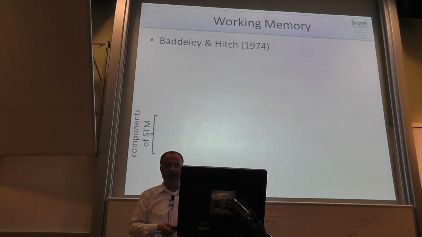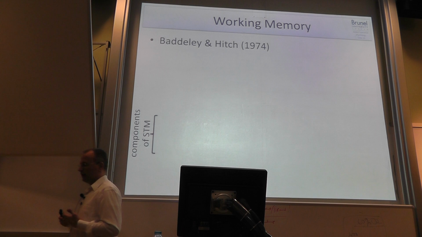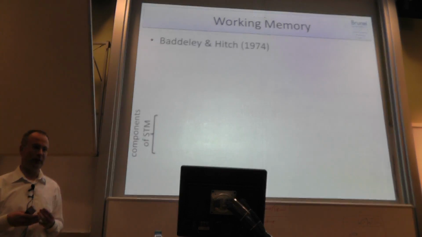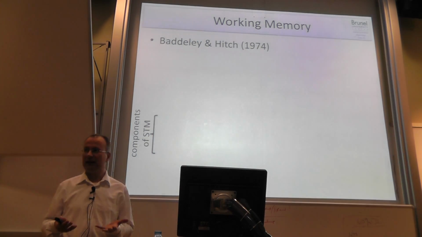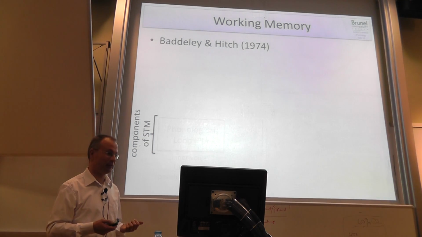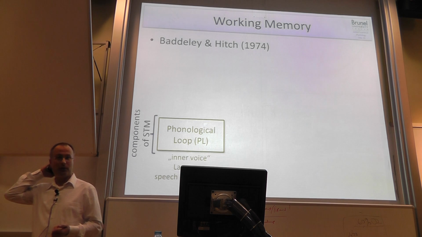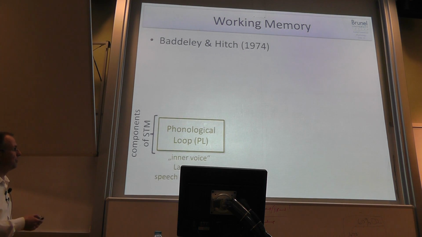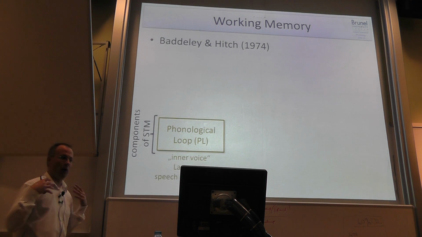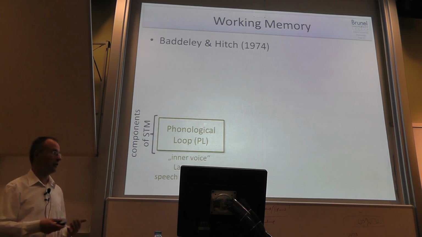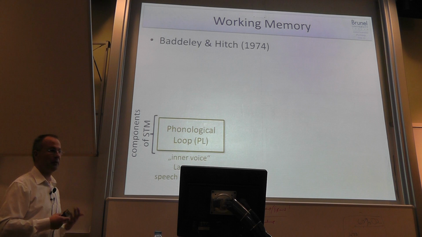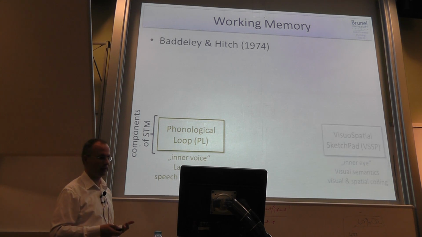Okay, let's have a look at their model. They started out by proposing that we have two different storage systems depending on the type of material. The first system they proposed is the phonological loop, which is, so to say, our inner voice. It is the storage of language-based material, speech-based encoding.